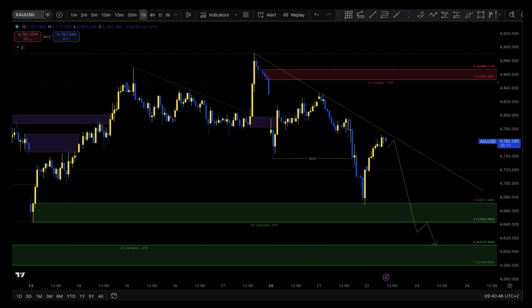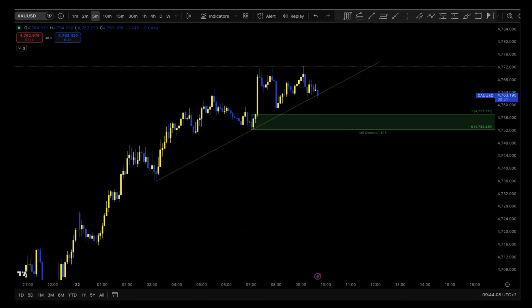So let's jump onto our entry time frame, which is your 5 minute. And what do we have here? We have a nice upward trend line, so nice peaks and valleys. We drew in this trend line once this high was removed, and you can see that it was removed with nice basing candles with a nice explosive move away, right?